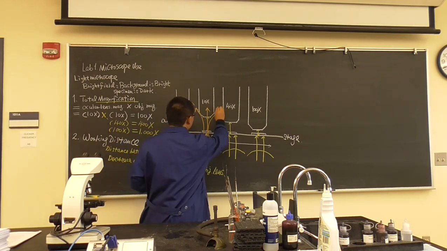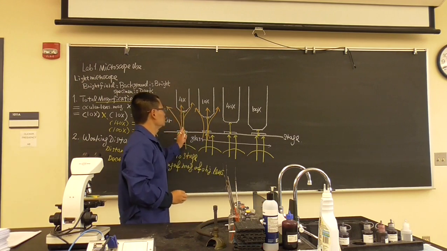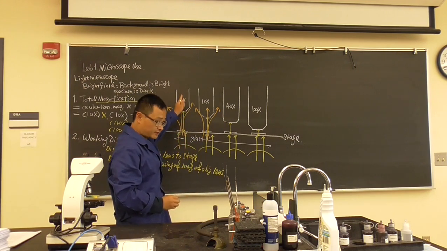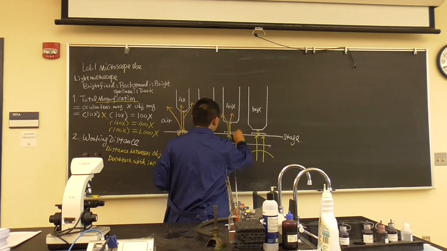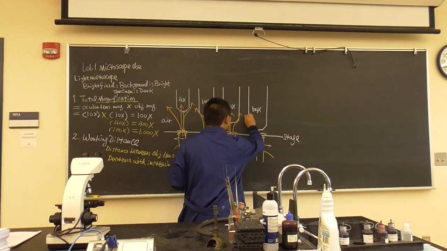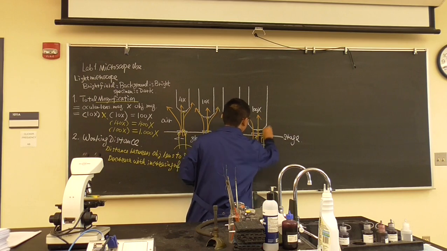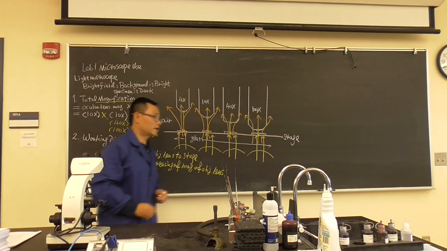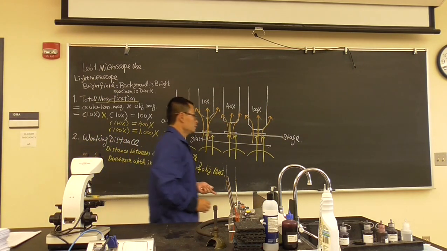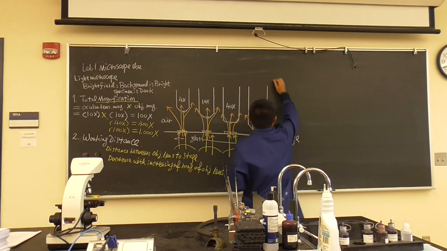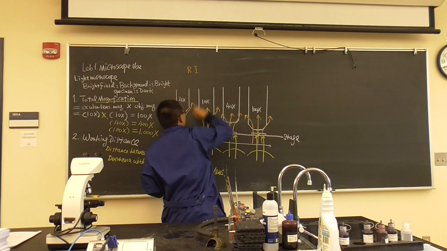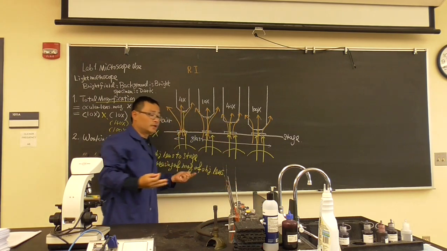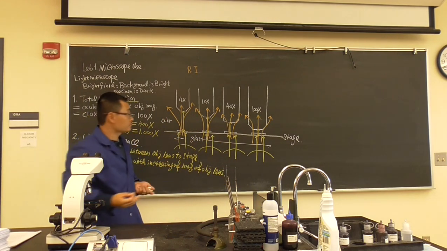So that means some will go through the objective lens, some will be refracted because it's going through a different medium. We also know there is an index called the refraction index, or RI, to tell us the amount of the refraction effect.